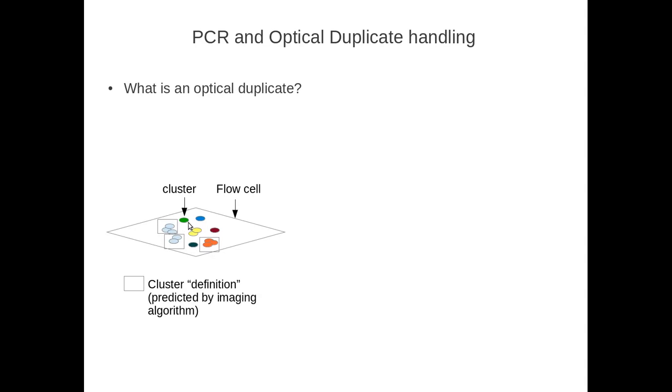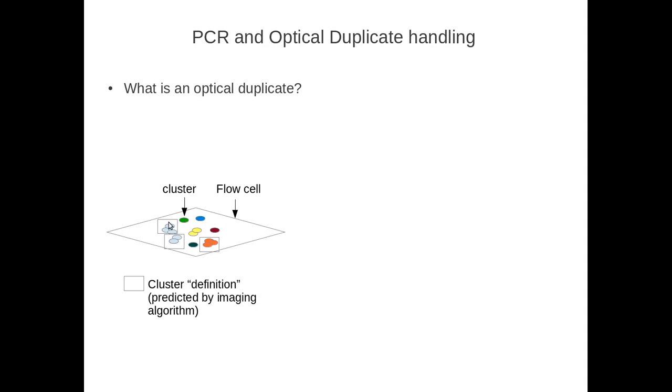So each color here represents a different cluster, but in boxes is how I'm illustrating how the imaging algorithm breaks up the clusters and detects them as being separate.